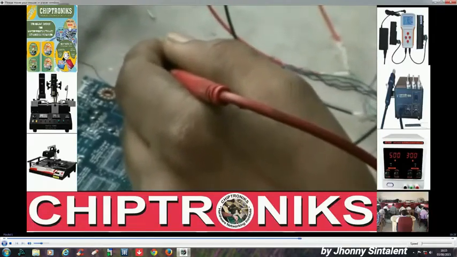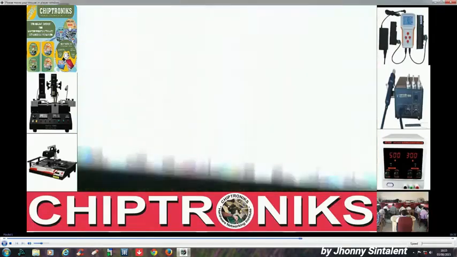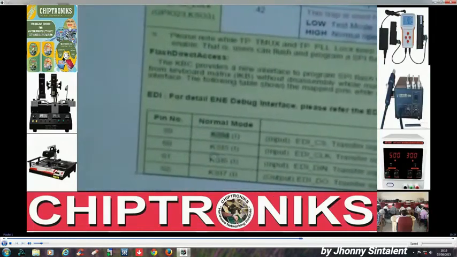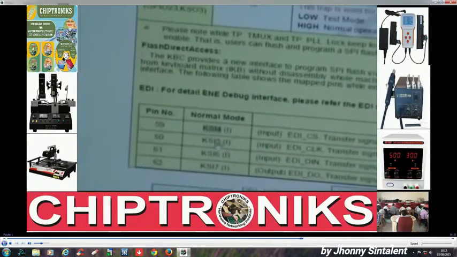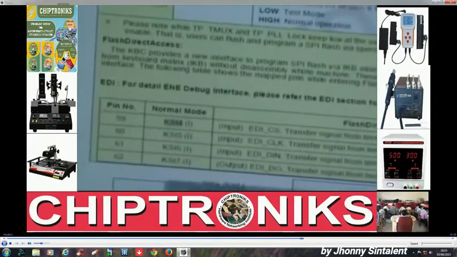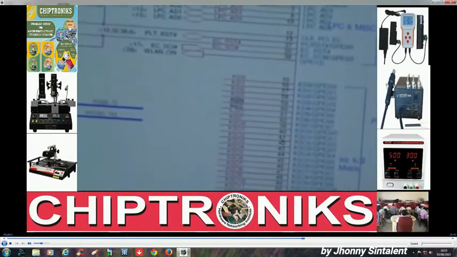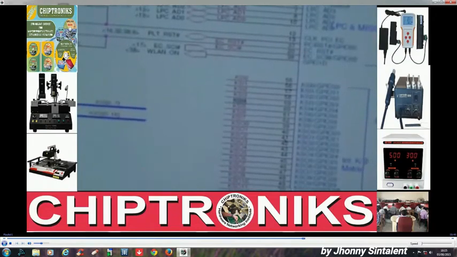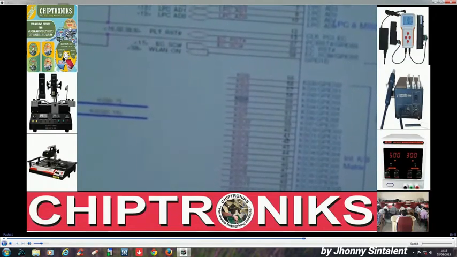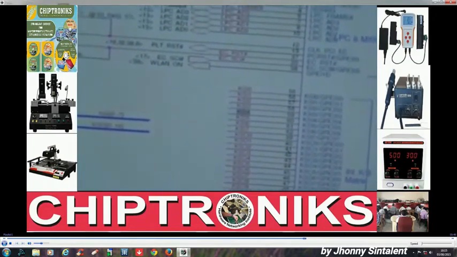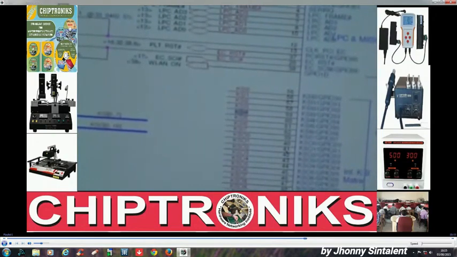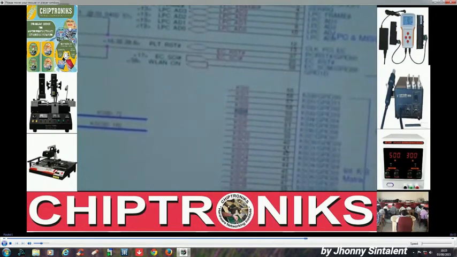Alright, similarly we go back to pin number 60, and pin number 60 stands for KSI5. We can see over here once again pin number 60, KSI5. What is KSI? KSI, keyboard scan in.